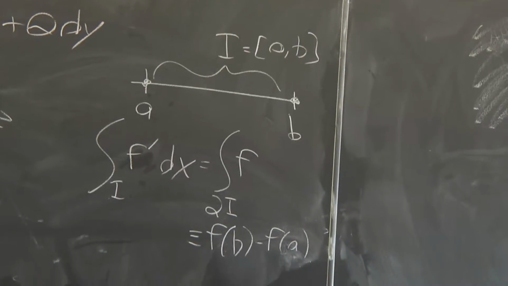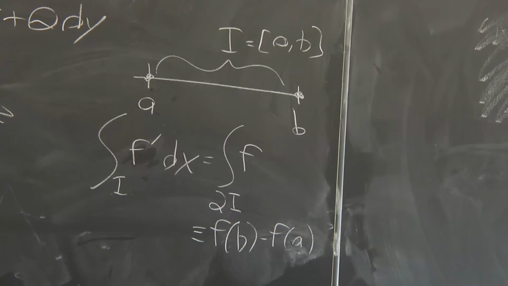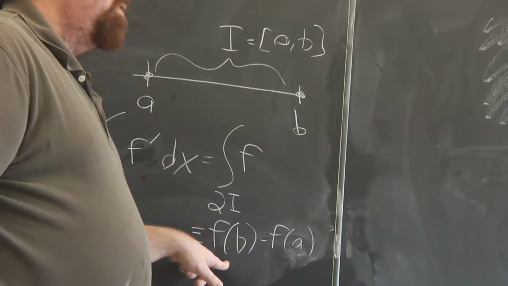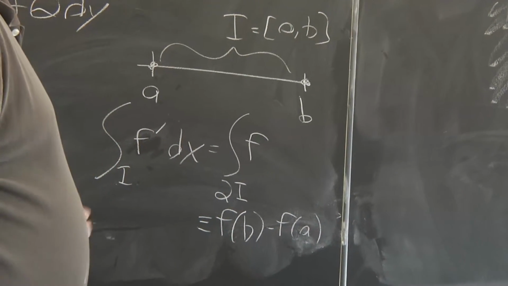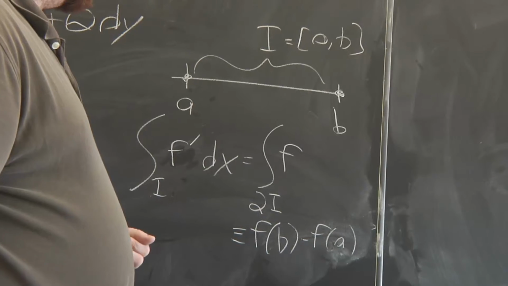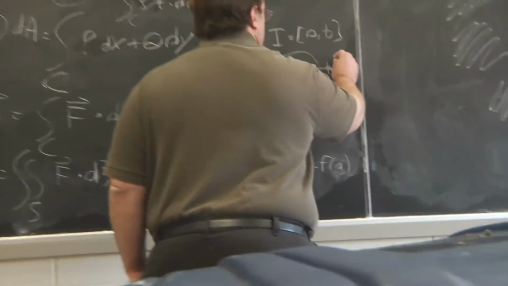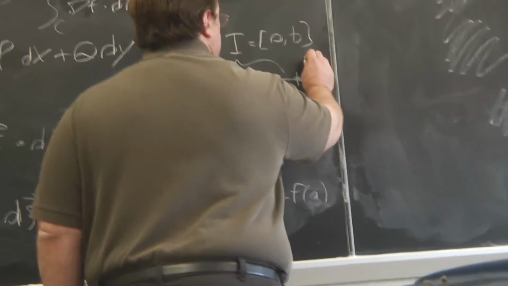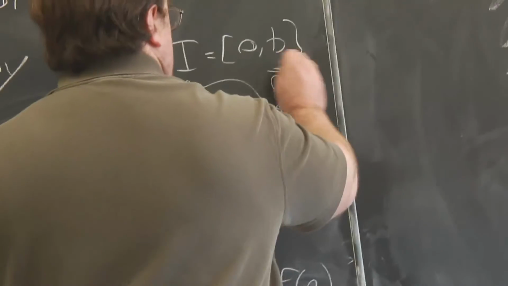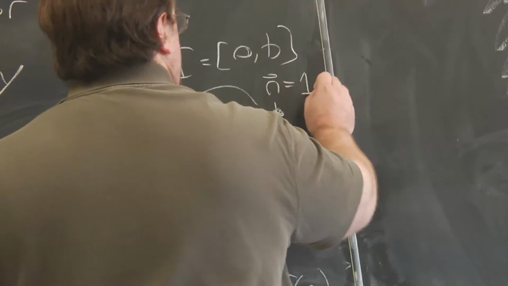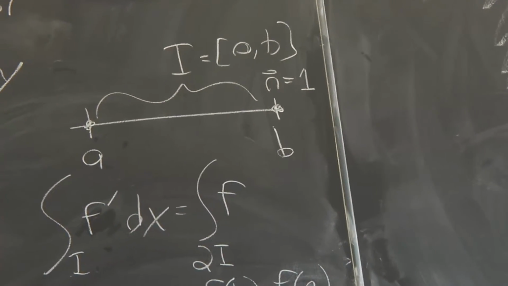Now, an integral, of course, is a sum. But here we're taking f of b minus f of a, and that actually makes sense because you can think of a one-dimensional outward normal vector.